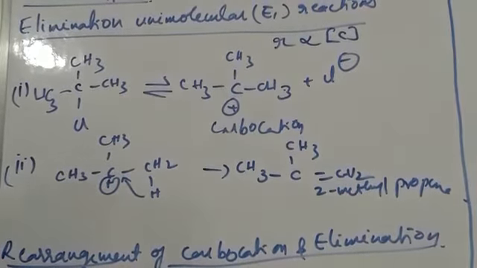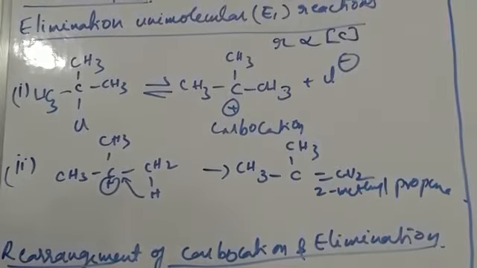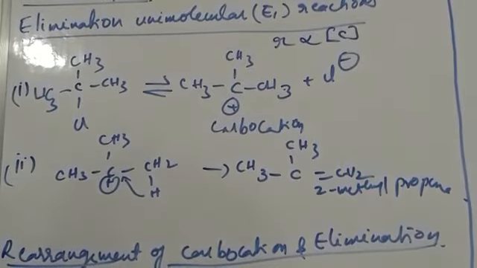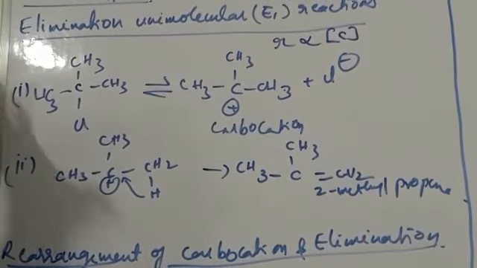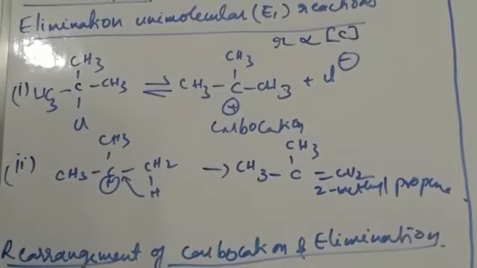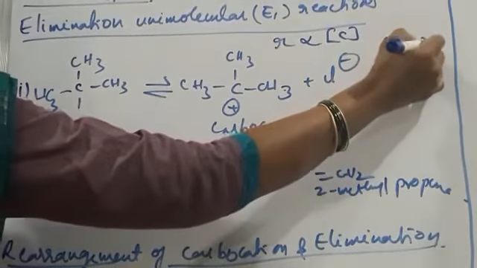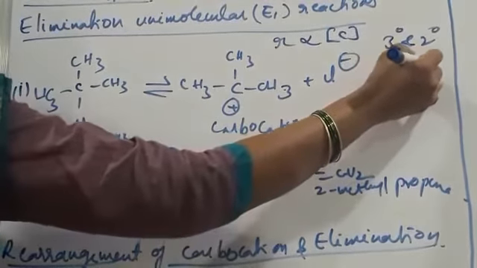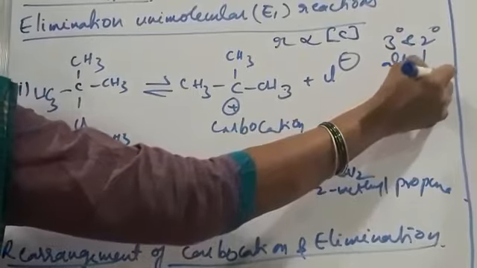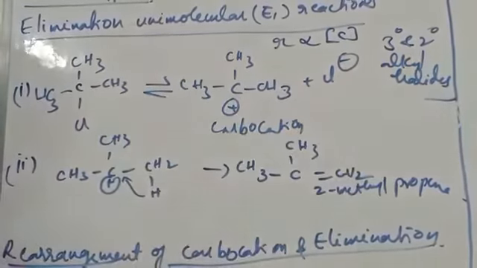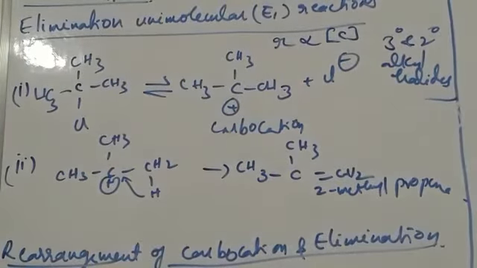So in elimination unimolecular reactions, tertiary and secondary alkyl halides are involved more favorably than primary alkyl halides. Okay. So tertiary and secondary alkyl halides are more favorable for this mechanism.